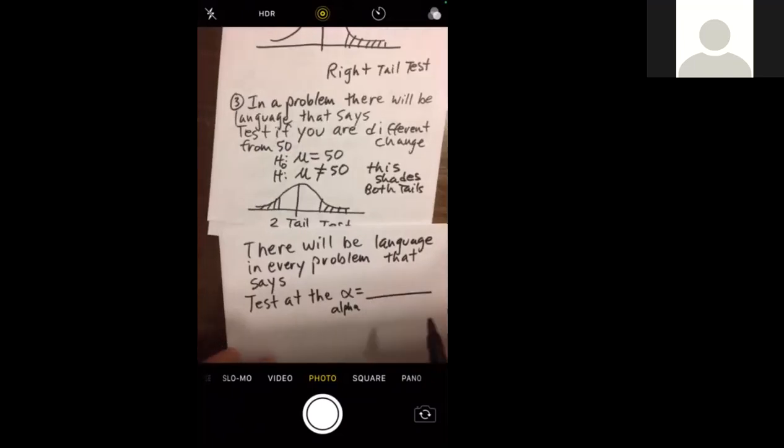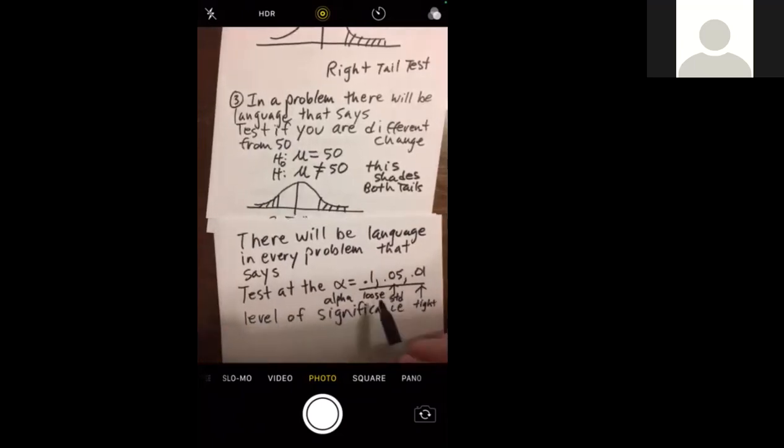All right, numbers you might see are 0.1, 0.05, or 0.01. Level of significance. There's that significance word again. .05 is pretty standard. This is tight. This is loose. Okay. Oh, by the way, you only have one of these numbers in any problem. This is the chapter 10 numbers.